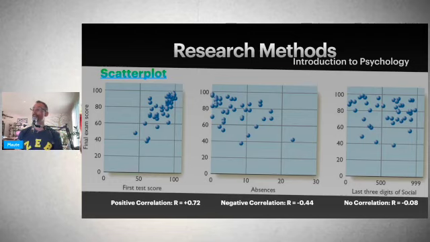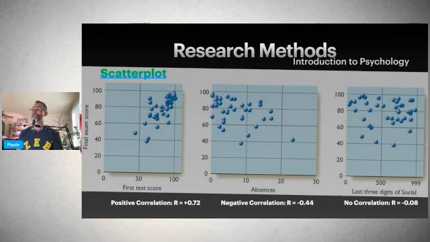Moving on to the next one. Now we're plotting your final exam score to the amount of absences you've had. Well, this one looks like kind of the opposite. If I were to draw a straight line through that data, it would start at 100 and go down into the right until it hit that 30. So that's a negative correlation of -0.44.